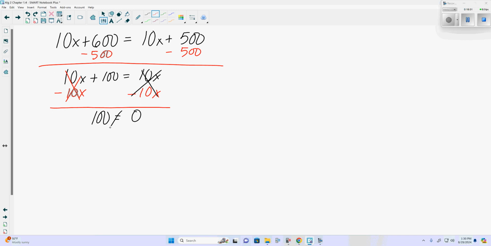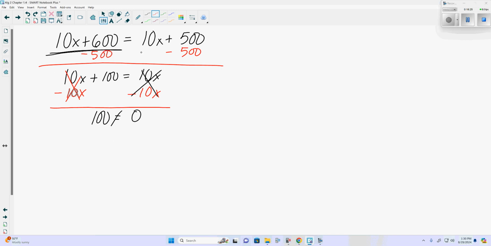So will Maple and Sunview's prices or cost ever cross? So let's look at the two equations. So there's a $100 difference to begin with, yes? Each time you add students going to Sunview's, the cost is increasing by 10 each person, yes?